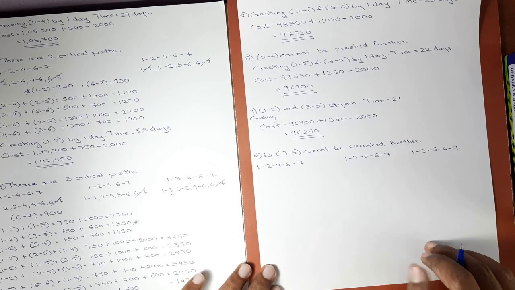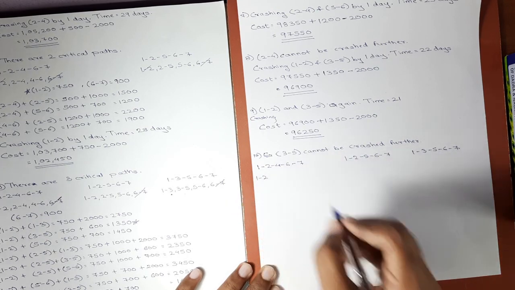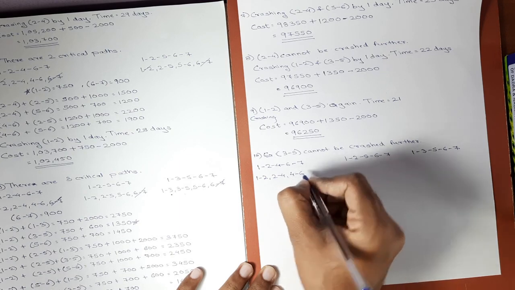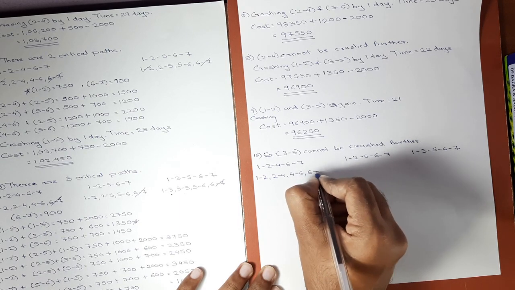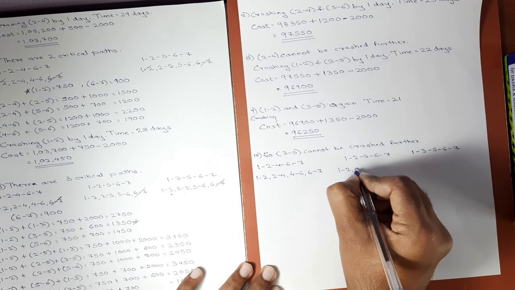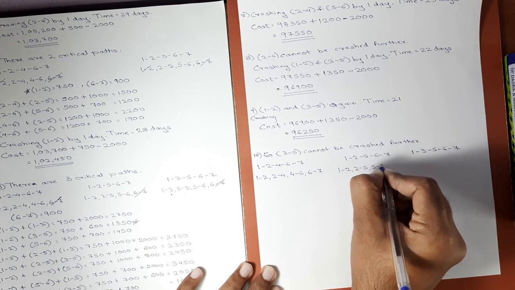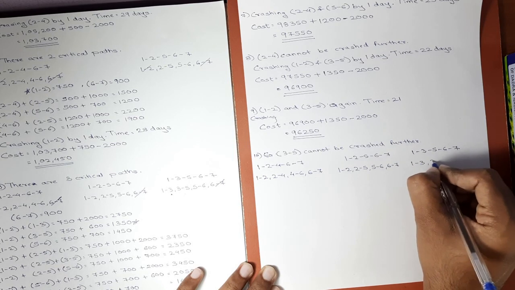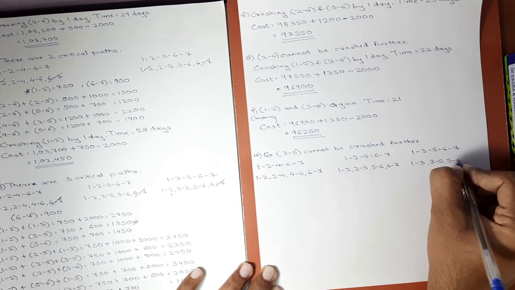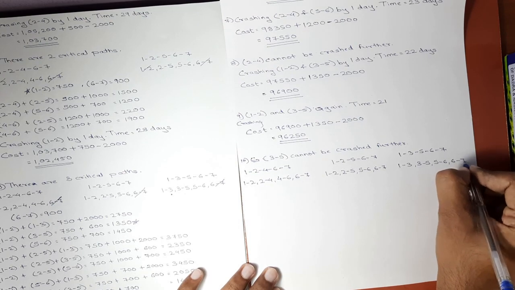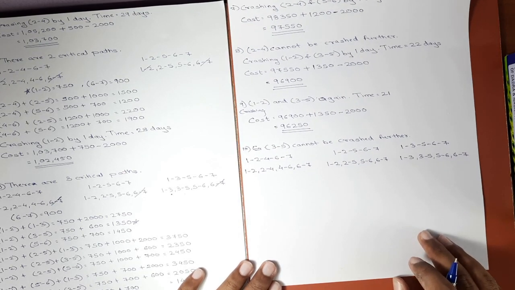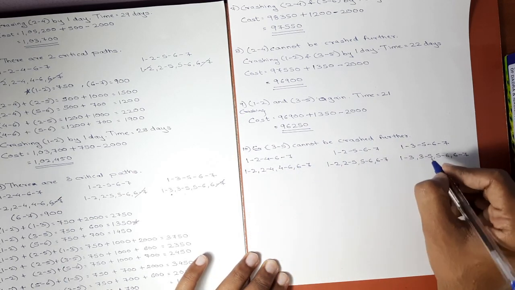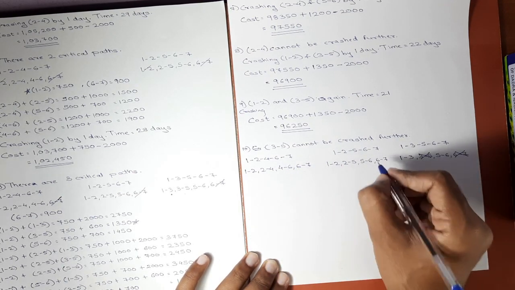I will be writing down the independent activities as well. 1 2, 2 4, 4 6, 6 7, again here 1 2, 2 5, 5 6, 6 7, and for the last path 1 3, 3 5, 5 6, 6 7. Okay, now if you see, activity 3 5 is out of the picture, 6 7 is already out of the picture.